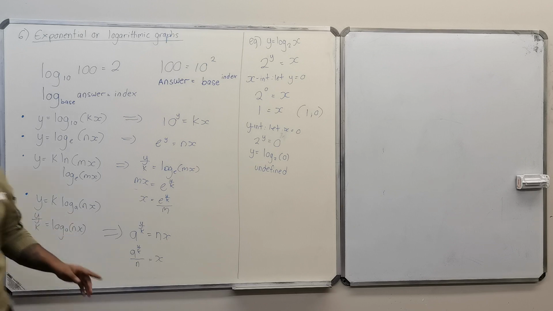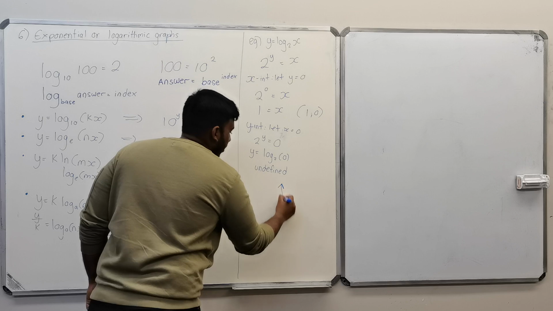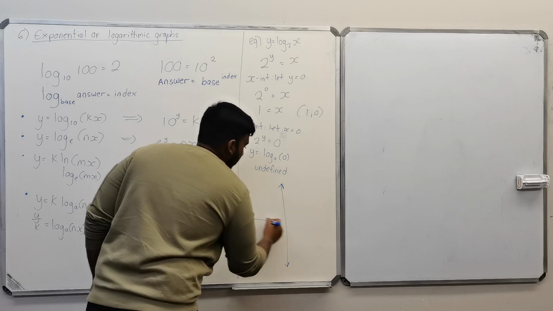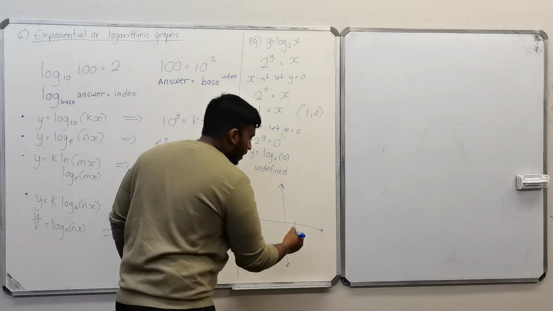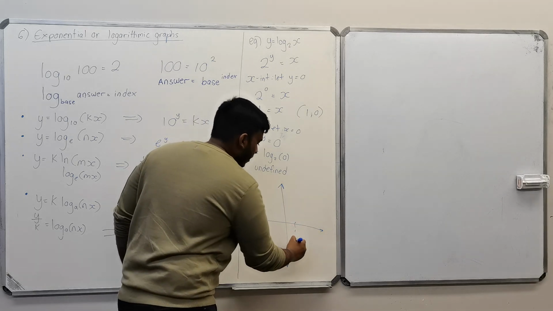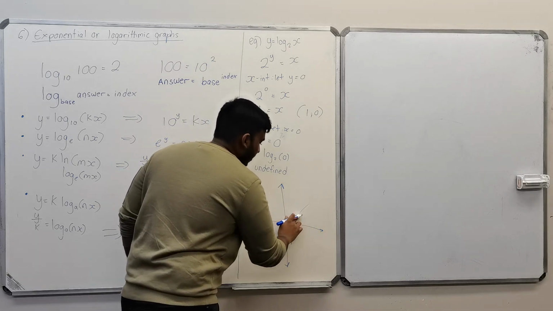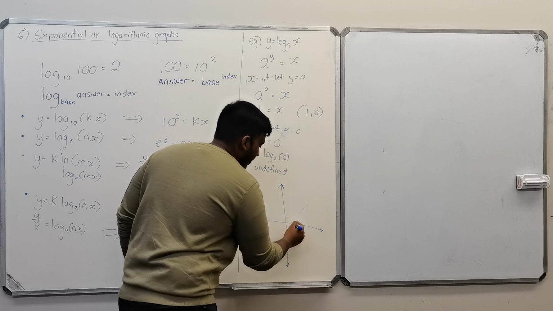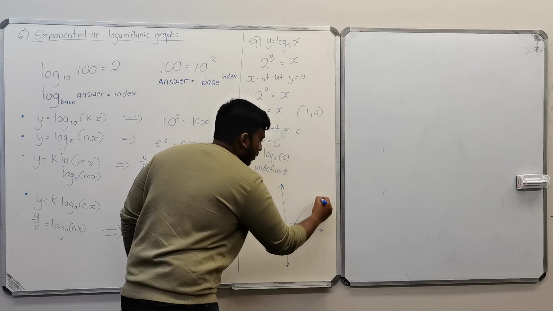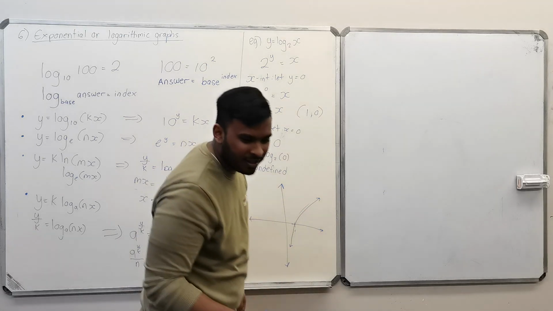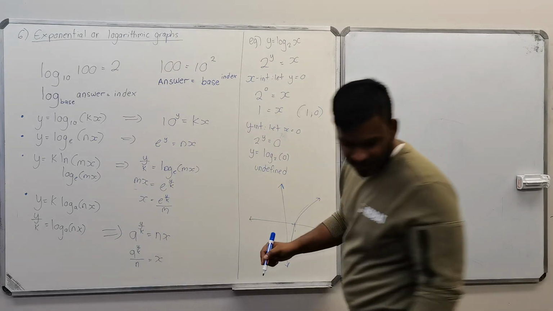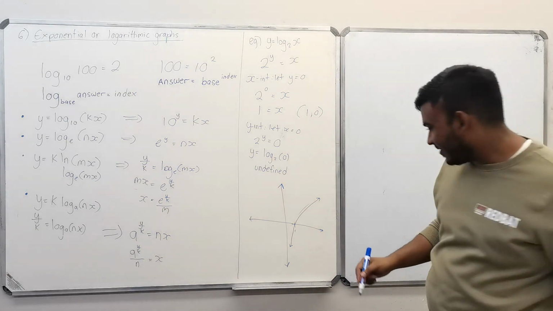You know that your x coordinate will be 1 and 0. It's going to look either like this, or it's going to look like this.